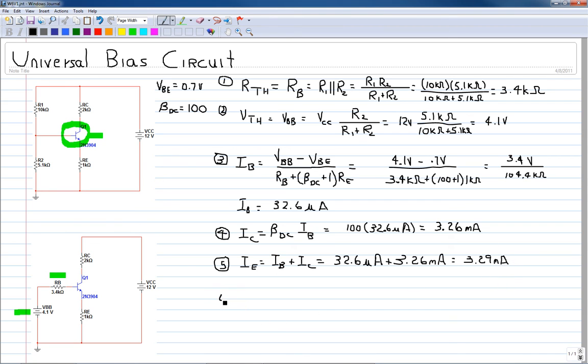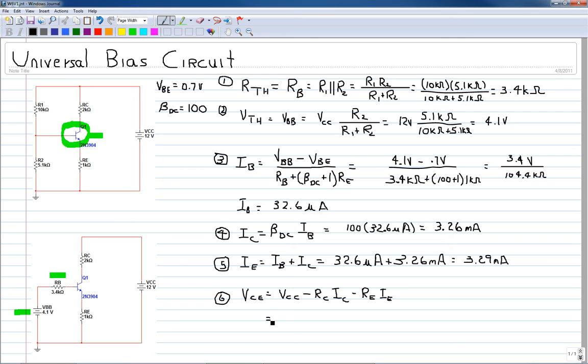The final step is to determine VCE, and VCE is equal to VCC minus RC times IC minus RE times IE.